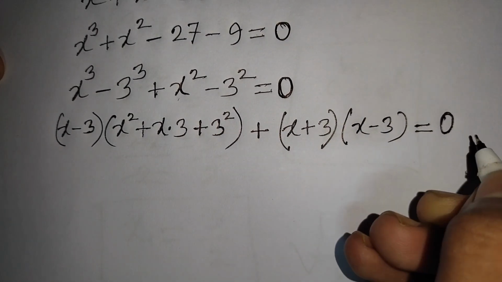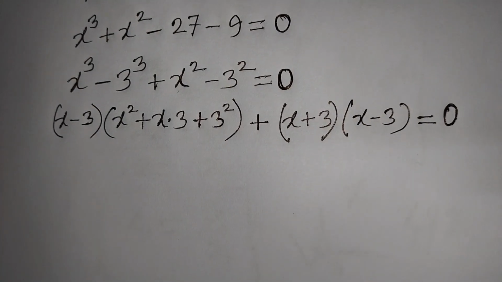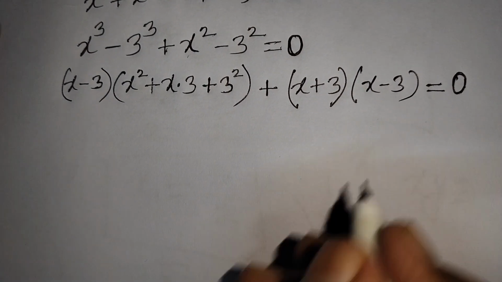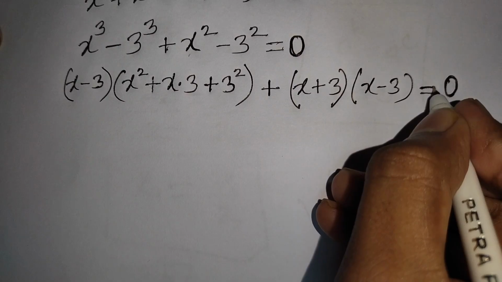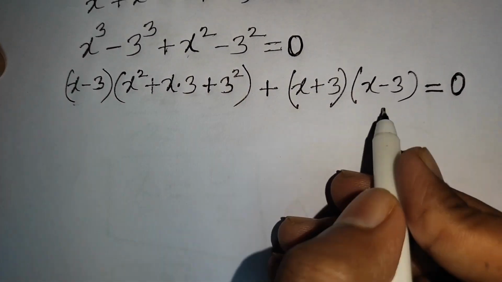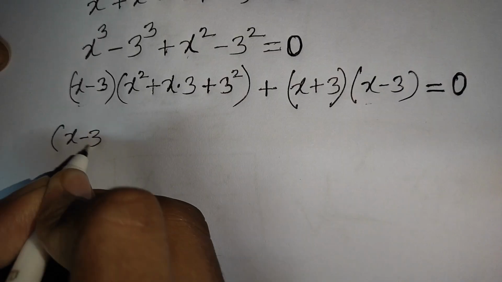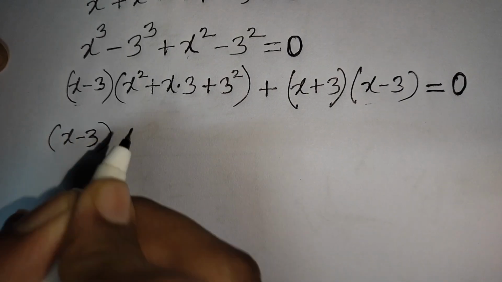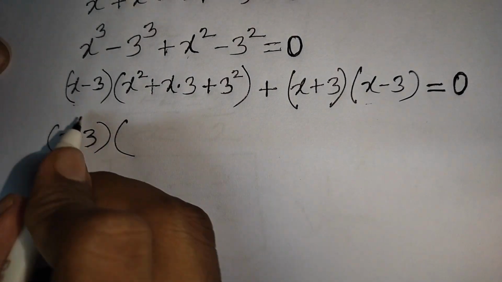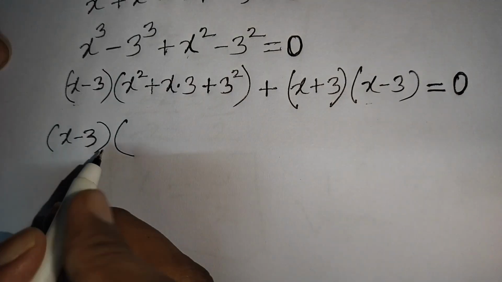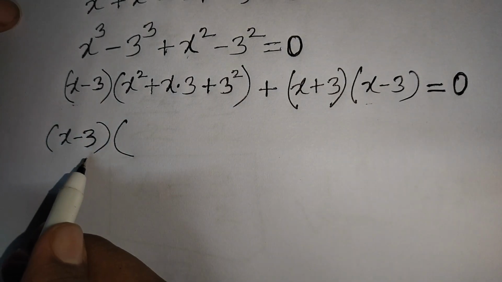Now we see x minus 3 is common, so we take common x minus 3 out of the bracket. So this divided by this, that means x minus 3 will be cancelled.